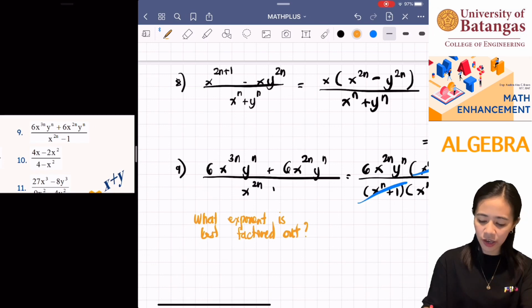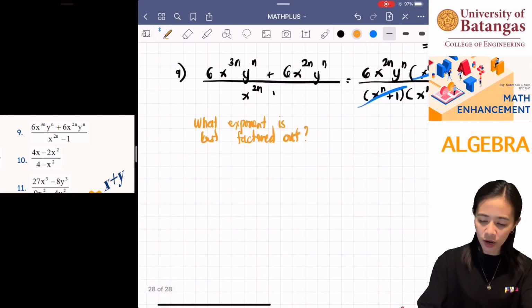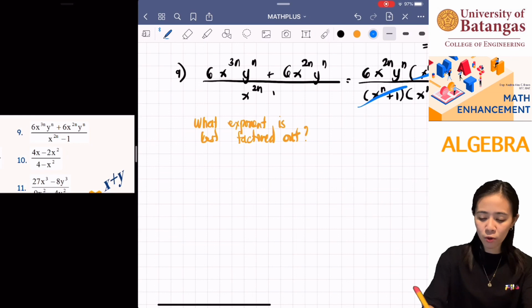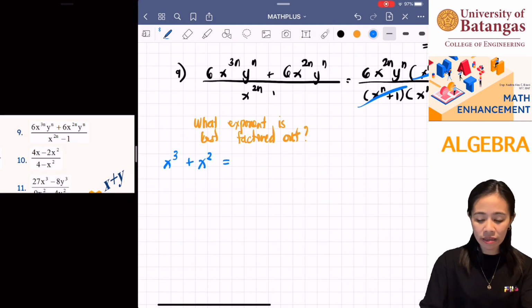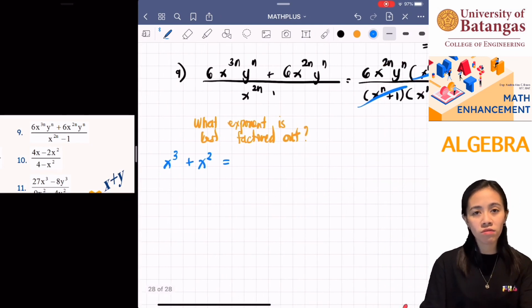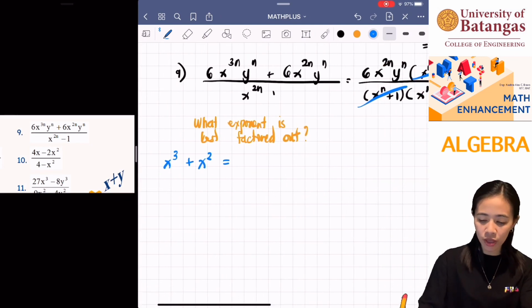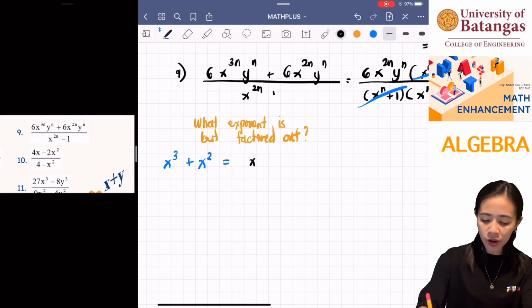Bigay tayong example. Halimbawa, meron kang positive exponent. So if you have x cubed plus x squared, ang pipiliin mo dito mas maliit. Choose the variable with the lesser exponent. So pag nag-factor ka dito, choose x squared. And then you'll have x plus 1.